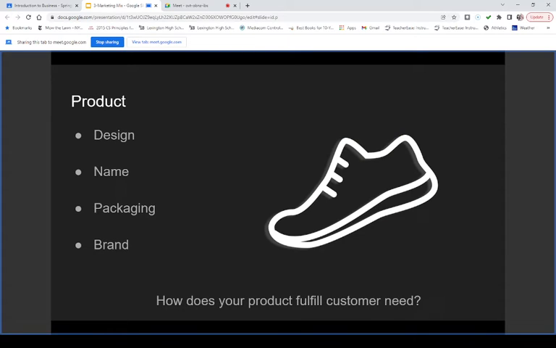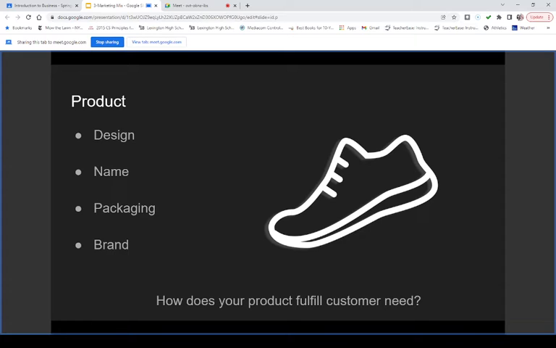So it starts with product. Obviously, the product itself is important, how we design it, what the features of the product are. But in terms of the marketing mix, the product goes beyond just the product itself, and it goes into the name. Think brand.